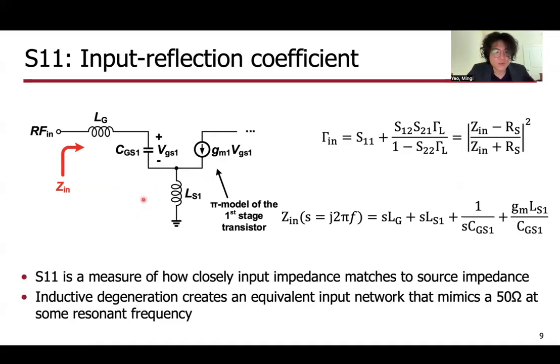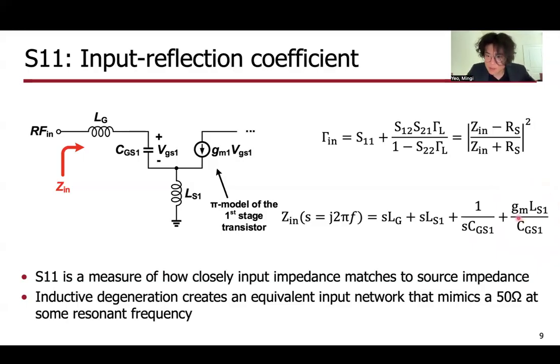What it does is that when we find the input impedance equation looking in from the input, we arrive at the following equation down here, where the Laplace variable s is equal to j times 2 times pi times frequency. So the terms that contain s are imaginary and also frequency dependent. This last term over here is not frequency dependent and is also real.